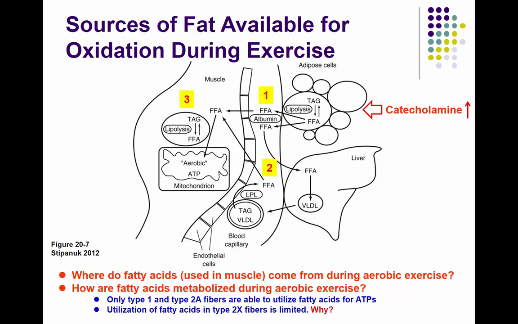So VLDL then can take these fatty acids initially from fat tissue into the circulation, and muscle has its own LPL, right? And this LPL is increased during exercise and stimulated by catecholamine, norepinephrine. So LPL hydrolyzes triglyceride in VLDL to fatty acids, and this fatty acid eventually also goes into the muscle, right?